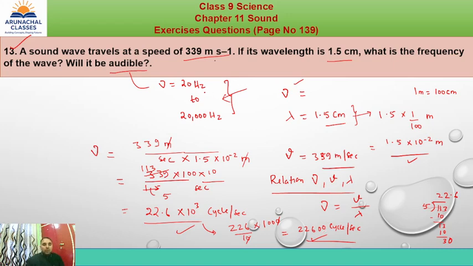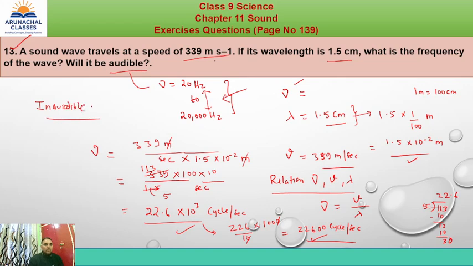So if it is 22,600 hertz, it doesn't come in the range between 20 hertz to 20,000 hertz. If it doesn't come, definitely I will say it is inaudible sound.